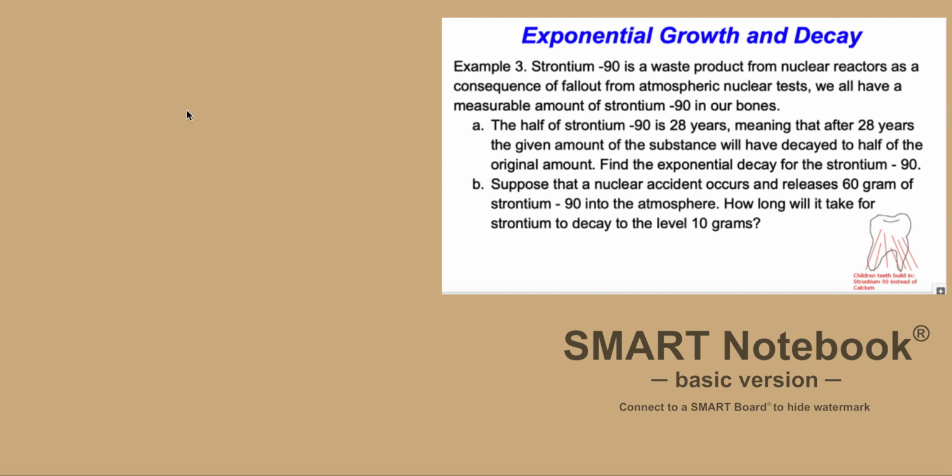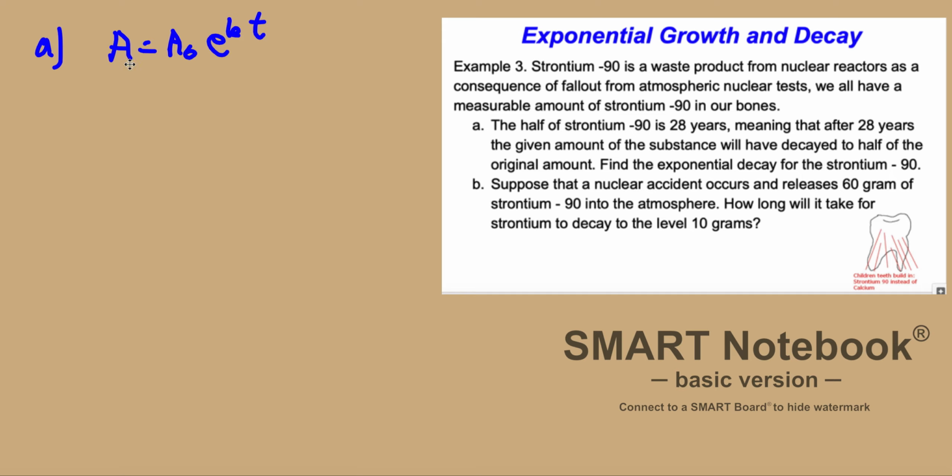So here, first of all, we want to find a formula to calculate the strontium. What it is saying is the half-life of strontium-90 is 28 years. So first let's try part A. Let me take a pen here. Let's make a formula: A equals A0 times e to the power kt.